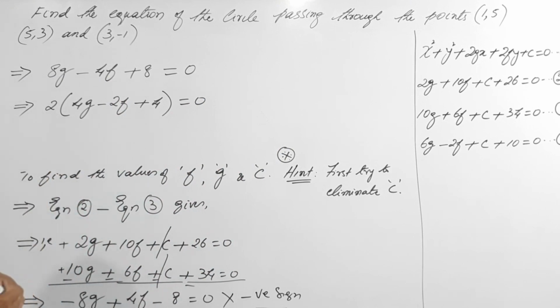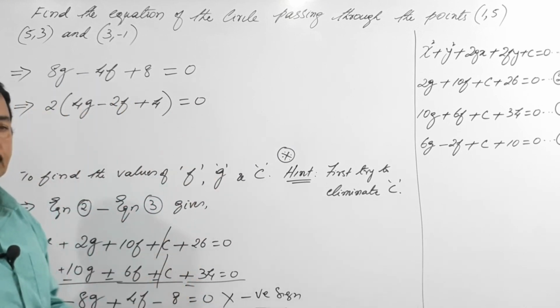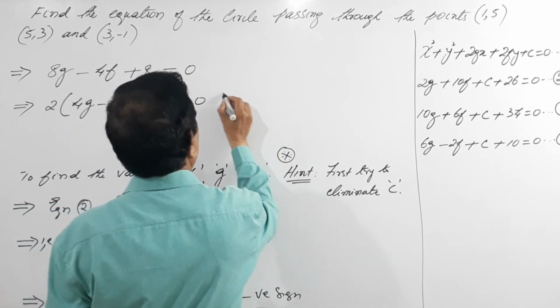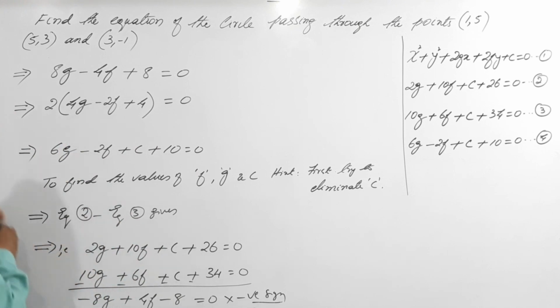Now I want to eliminate this 2. How can you do that? I divide throughout by 2.